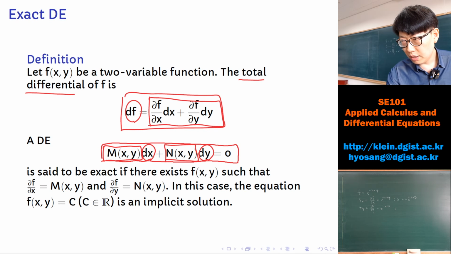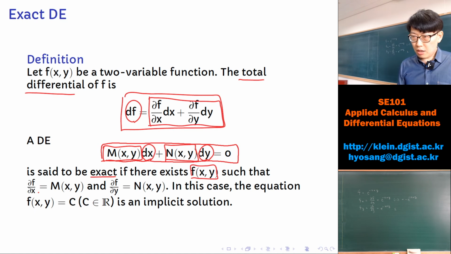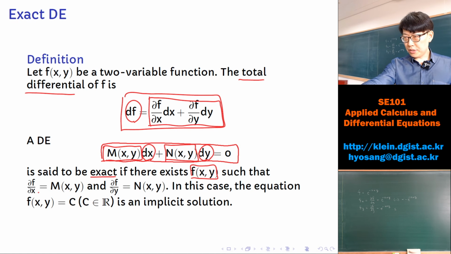Okay, so we call this an exact differential equation if there exists a two-variable function such that if you take the x derivative, it becomes the coefficient function of dx, and if you take the derivative in y, it becomes the coefficient of dy. Basically, if you have a function of two variables such that your differential equation becomes the total differential of the function, then we call this differential equation an exact differential equation.